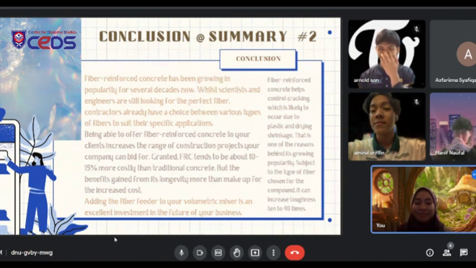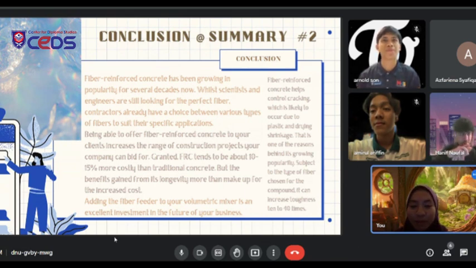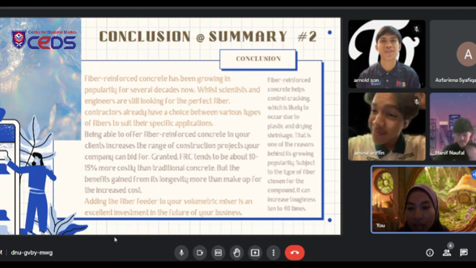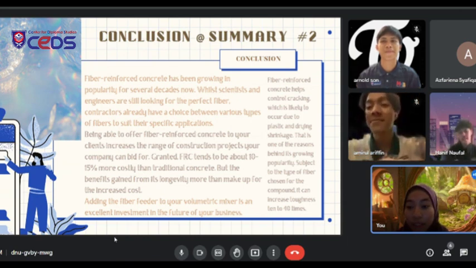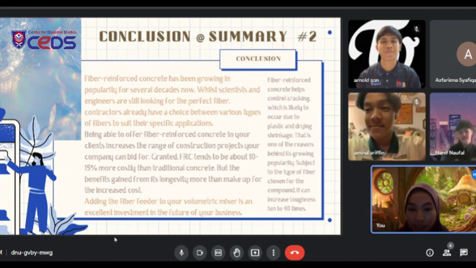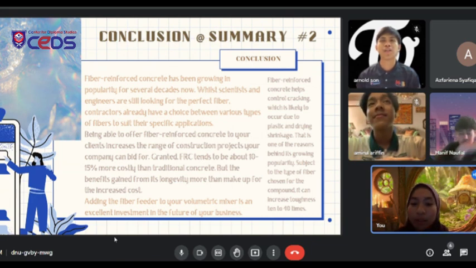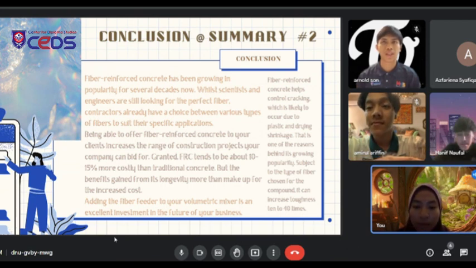Conclusion or summary, I will tell about FRC. FRC has been growing in popularity for several decades now, with scientists and engineers still looking for the perfect fiber. Contractors already have a choice between various types of fibers to suit their specific applications. Being able to offer FRC concrete to your clients increases the range of construction projects your company can bid for.